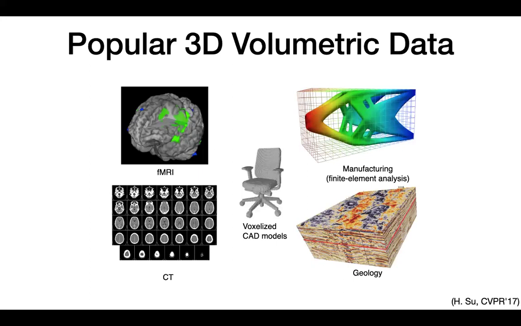Like in medical images, we have sensors that collect MRI, computer tomography, and to represent this using machine learning, both for analysis and synthesis, is very important. And the data here comes naturally in those volumetric 3D representations.